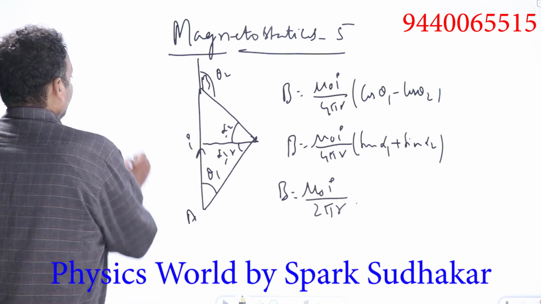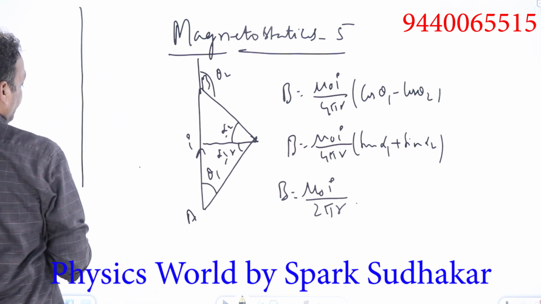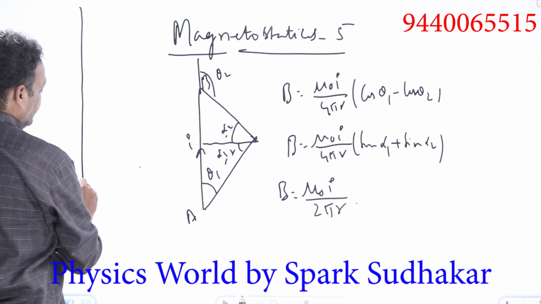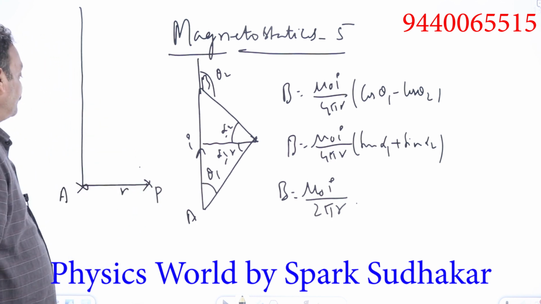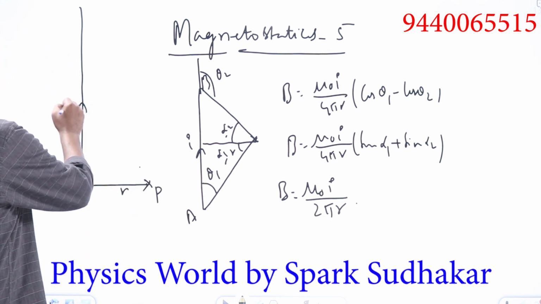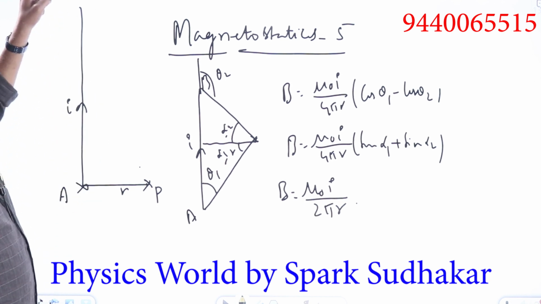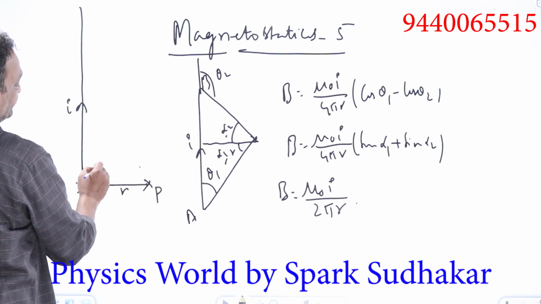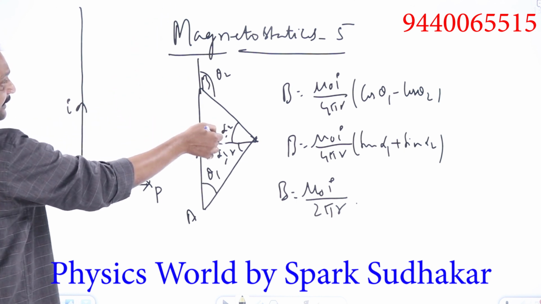Similarly, consider the magnetic field at one end of an infinitely long wire: point A is near us, at a point P at a distance r. The length of the wire is infinite, but one end is near us and the other goes to infinity. Applying the same principle, theta 1 becomes 90 degrees and theta 2 becomes 180 degrees.